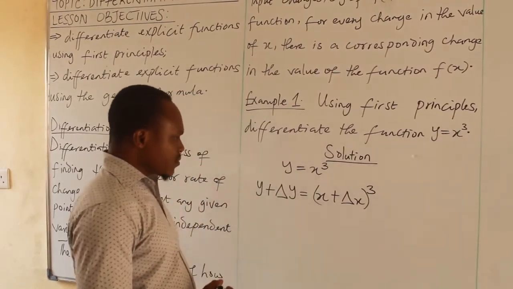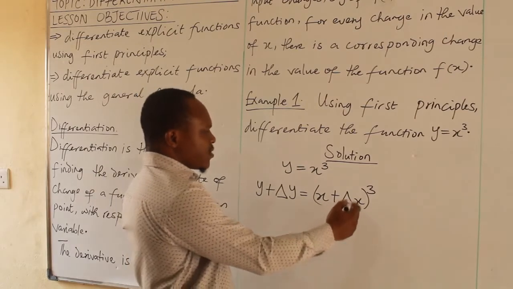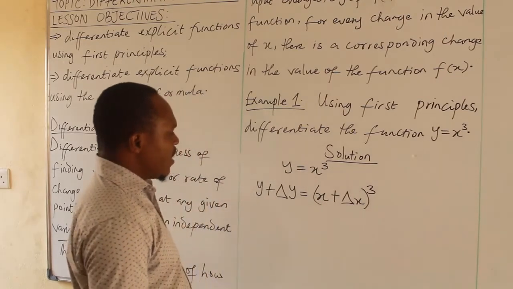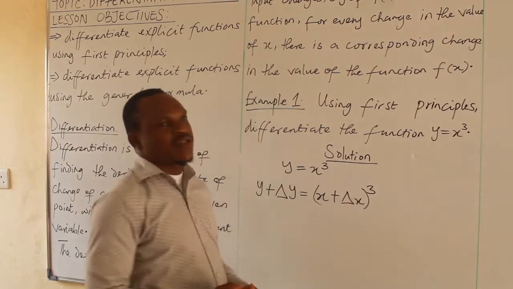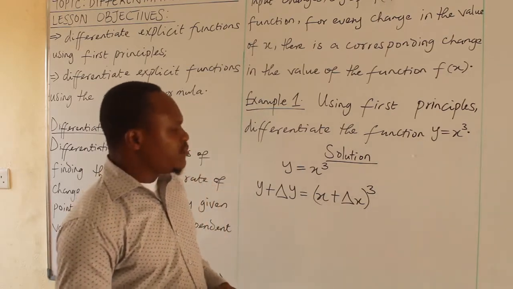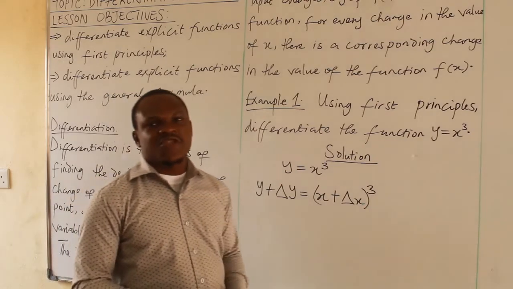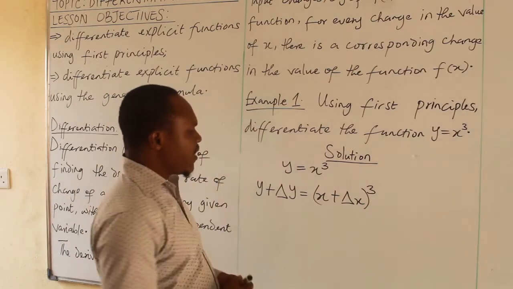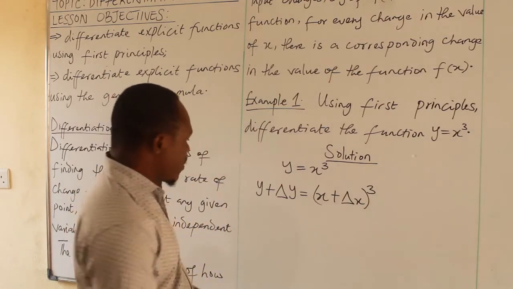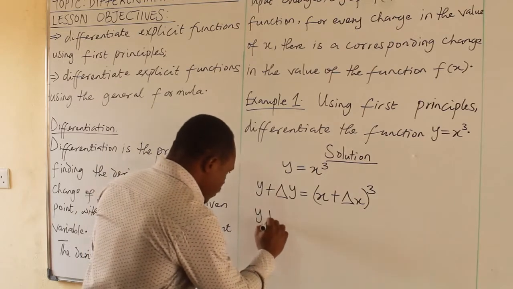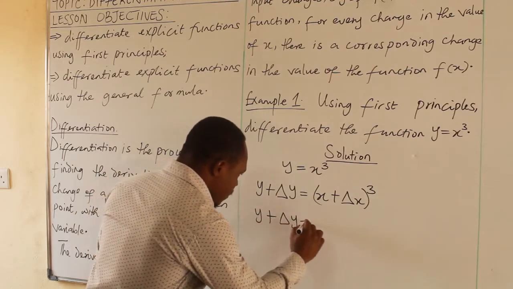If you observe, we have x plus delta x all raised to power 3, so we have to expand it. I previously taught you something like this when I taught you Pascal's triangle.